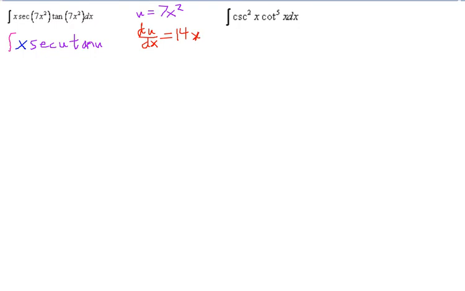And then when you multiply both sides by dx, we end up with du equals 14x dx. And to finish solving for dx, divide by 14x.